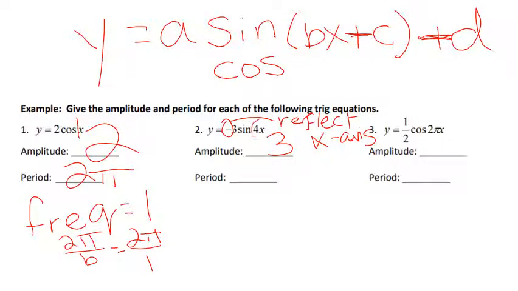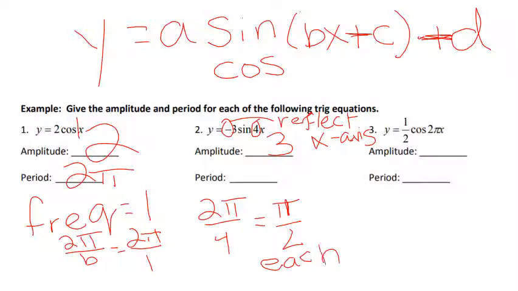Now your frequency. Here's your frequency. That's your b value. When we do 2 pi over 4, that's pi over 2 when we reduce the fraction. So each one is going to be pi over 2 for the period. Because if we add up all 4 of those, we would get back to 2 pi.